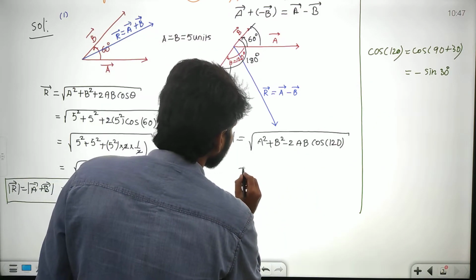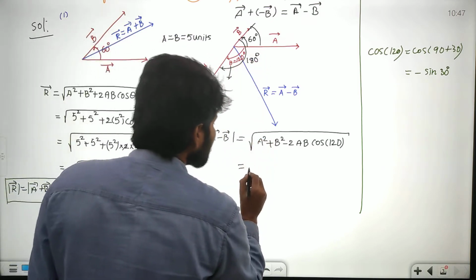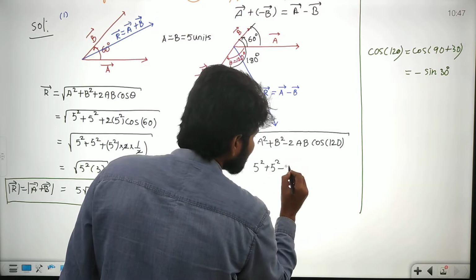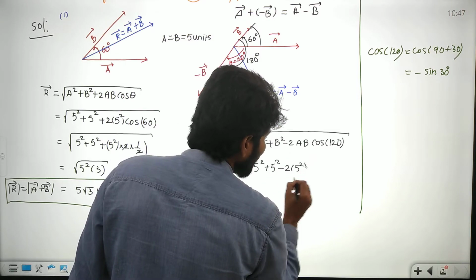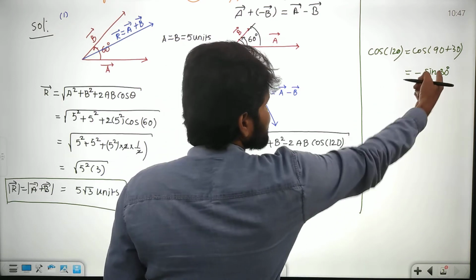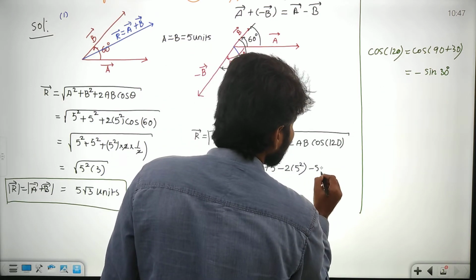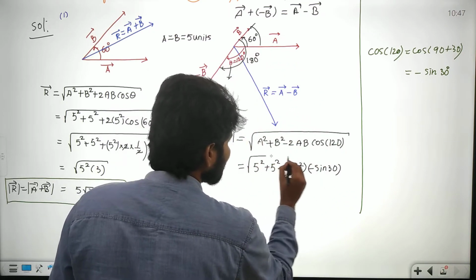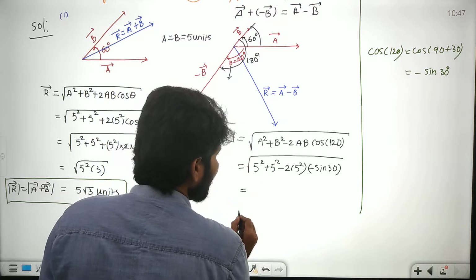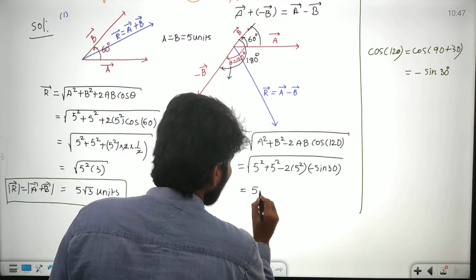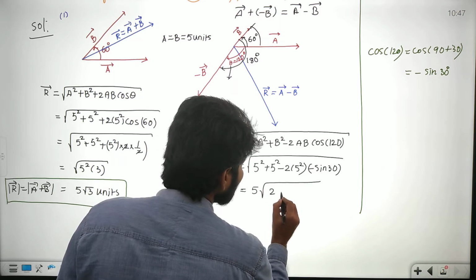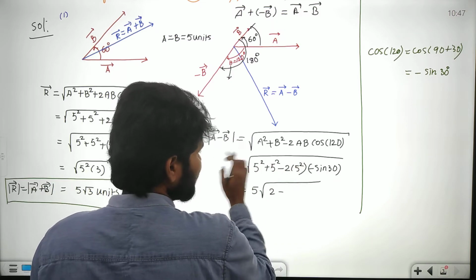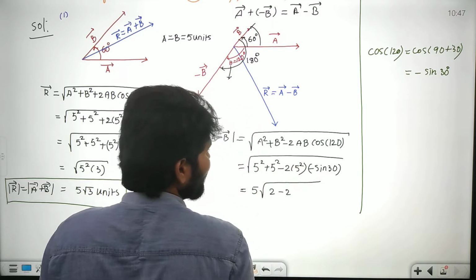So substitute the values. A is 5, so 5 square plus 5 square minus 2 into 5 square, cos 120 is nothing but minus sin 30. Okay, root of. See, take 5 out. I took 5 out, and this is 2 minus 5 square, taking out 1 plus 1 gives 2, and 5 went outside. What is the sin 30?